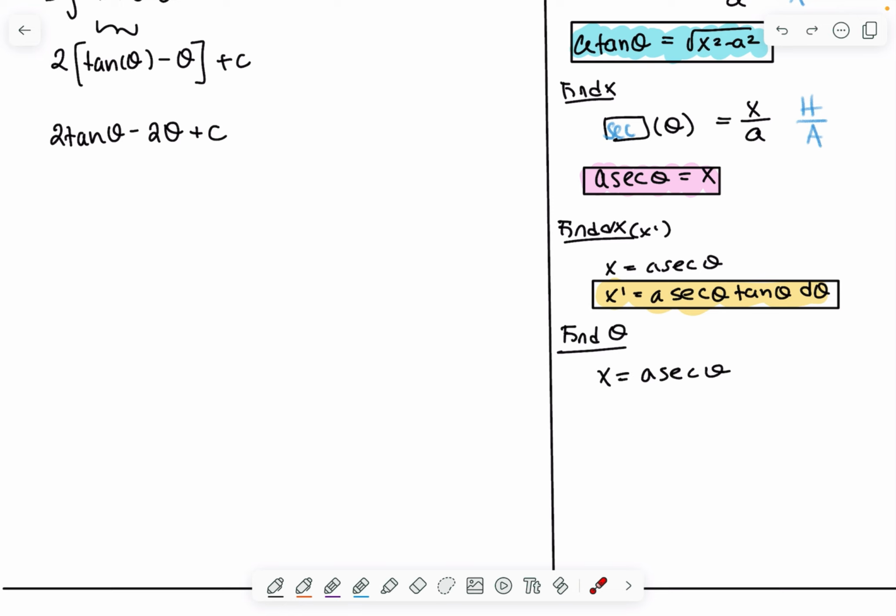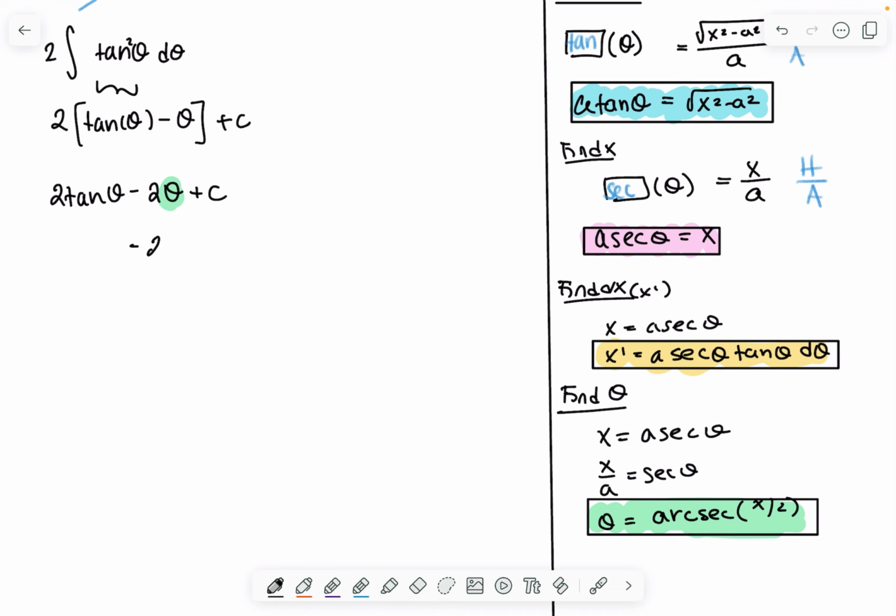So I take this equation, divide by a on both sides. To solve for theta, I just take theta is equal to the inverse of that, so arcsecant x over a, but a is 2. So then I go ahead and substitute that into here. So this becomes 2 arcsecant of x divided by 2 plus c.